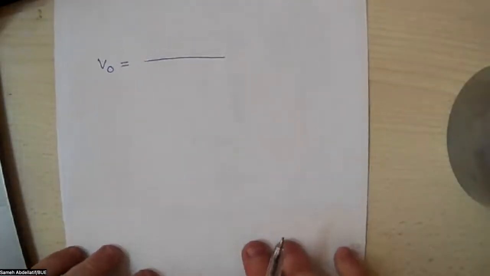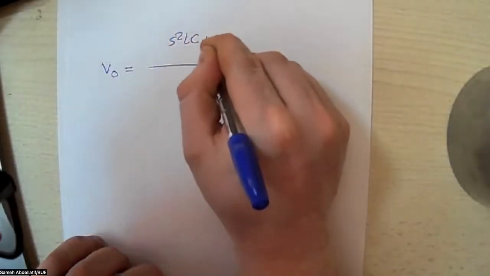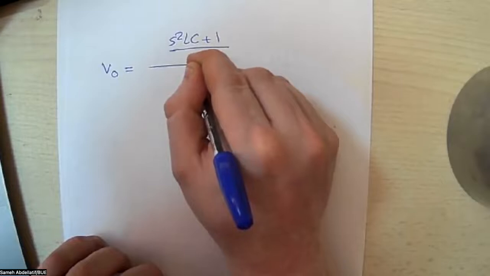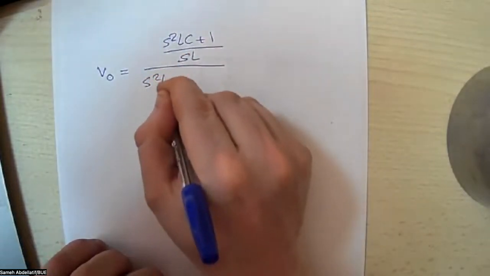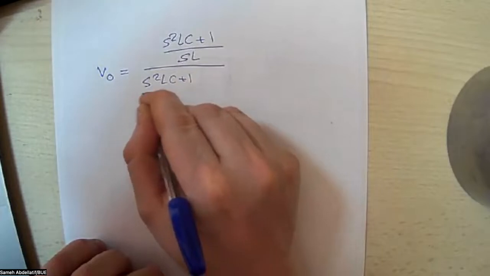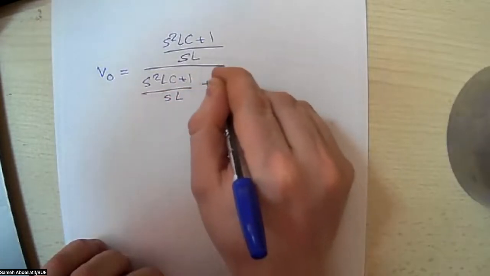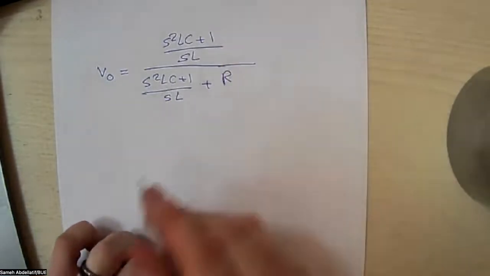I'm just going to rewrite it here. So it will be S squared LC plus 1 over SL, over S squared LC plus 1 over SL plus R. This is simply how it looks.